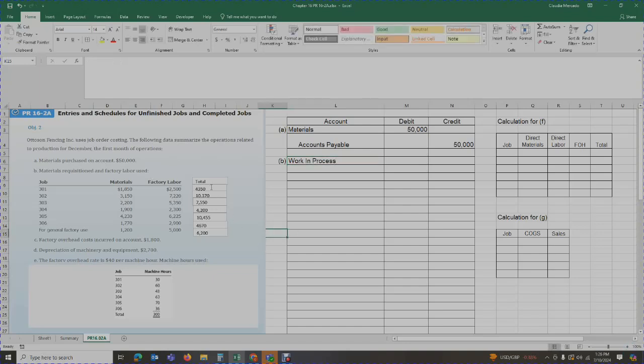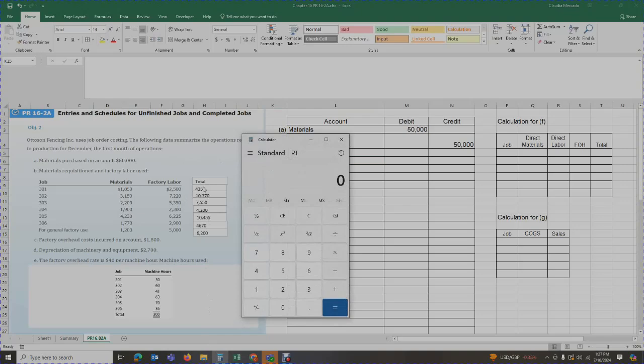There are different things that go into your work in process. Like I explained, we have materials, labor, and overhead. I've already got my totals here, so I'm going to add my totals, the ones that include materials and labor, and let's see what that gives us. $43.50 plus $10,370, $75.50, $4,200, $10,455, $46.70.